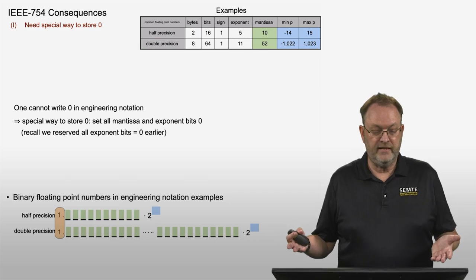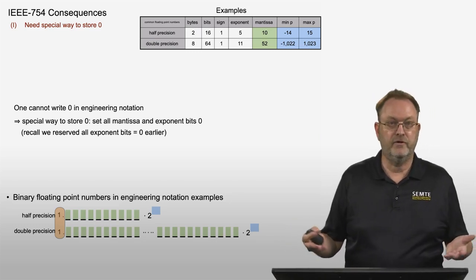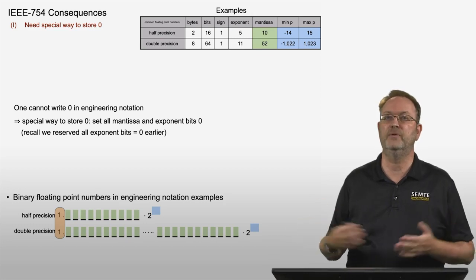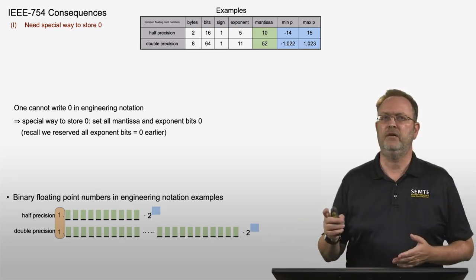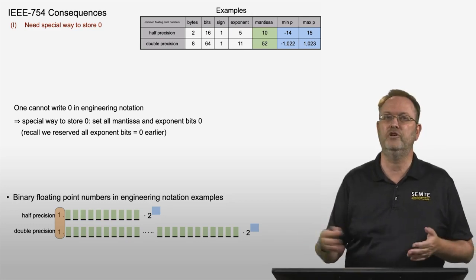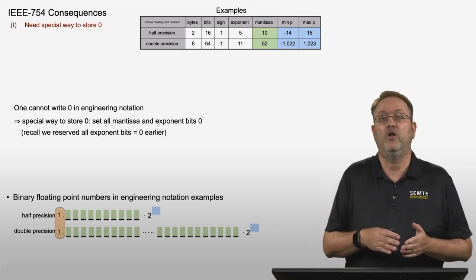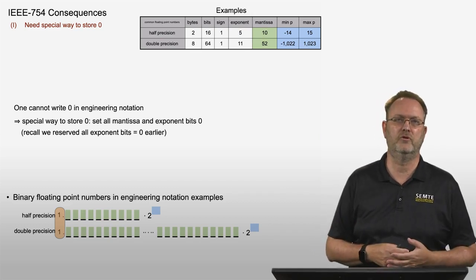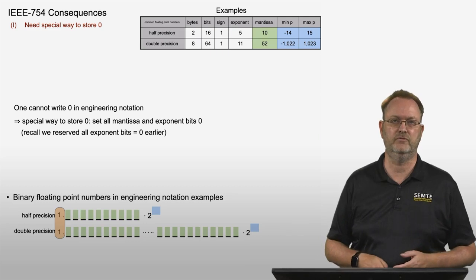The special way that the IEEE-754 definition defines is to set all mantissa bits and all exponent bits to 0. And recall before, when we discussed the bias, I said we cannot use exponent bits all zeros. That is reserved. Well, it's precisely reserved to store the true value of 0.